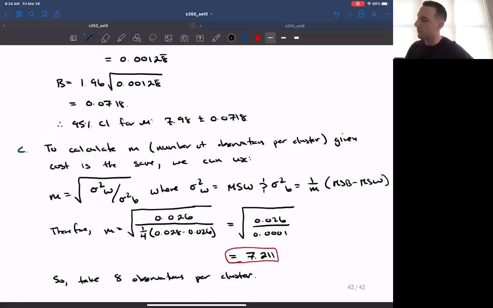Okay. And then this last part in C here, the calculation where cost is the same.